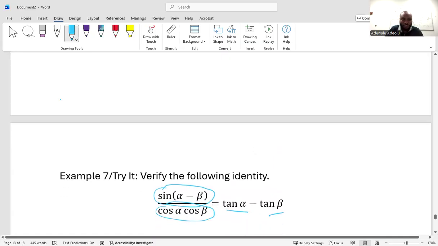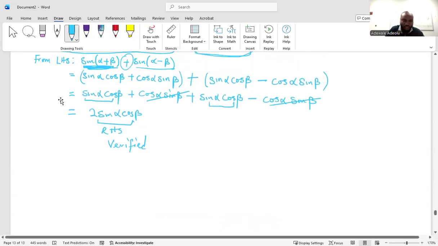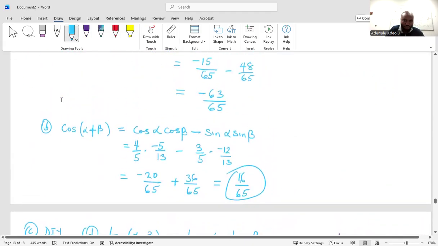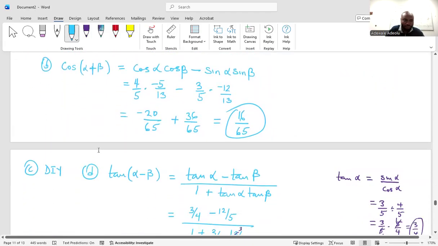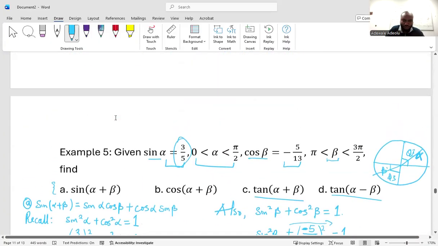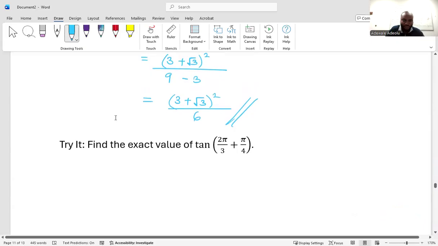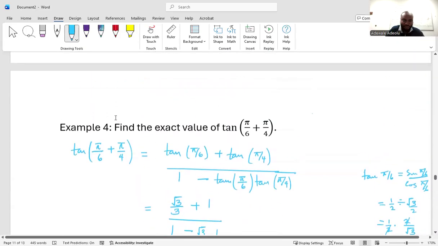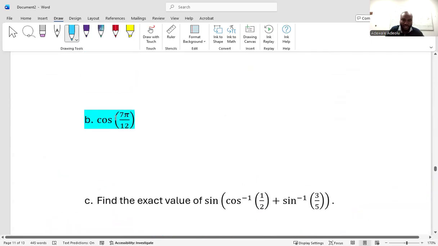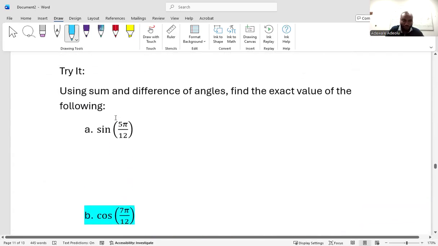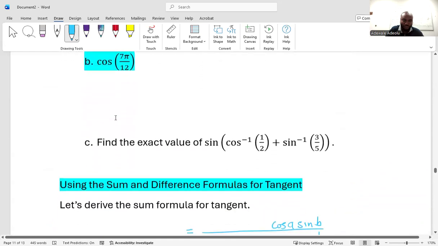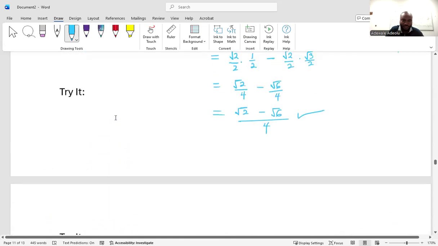Make sure you do all the tries. Here we have 1, 2, 3. Then earlier we have 4.